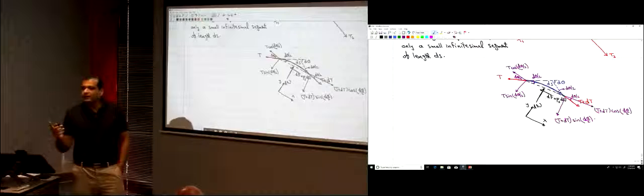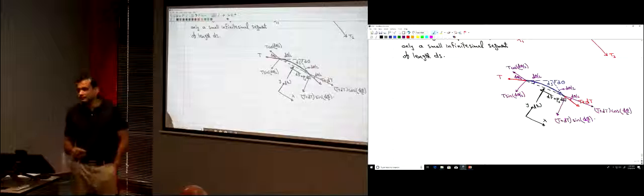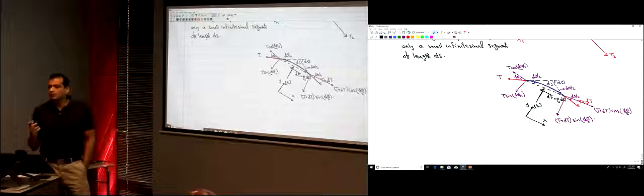So, anyone has a calculator? Just do an experiment. What is the cosine of a small angle? Let's assume a very small angle.